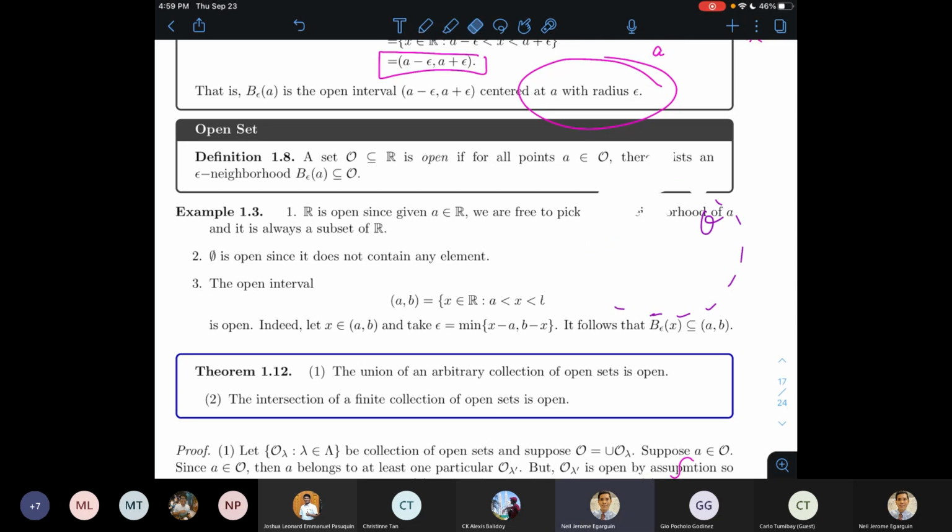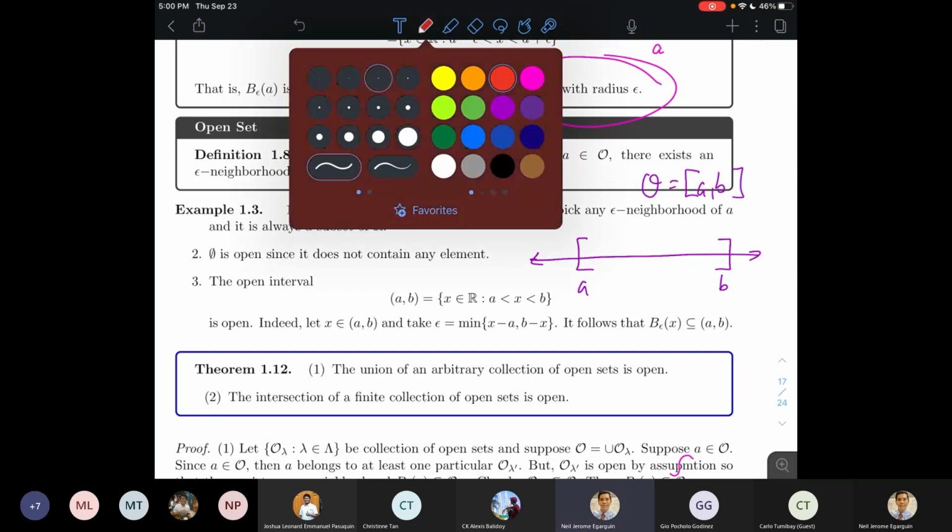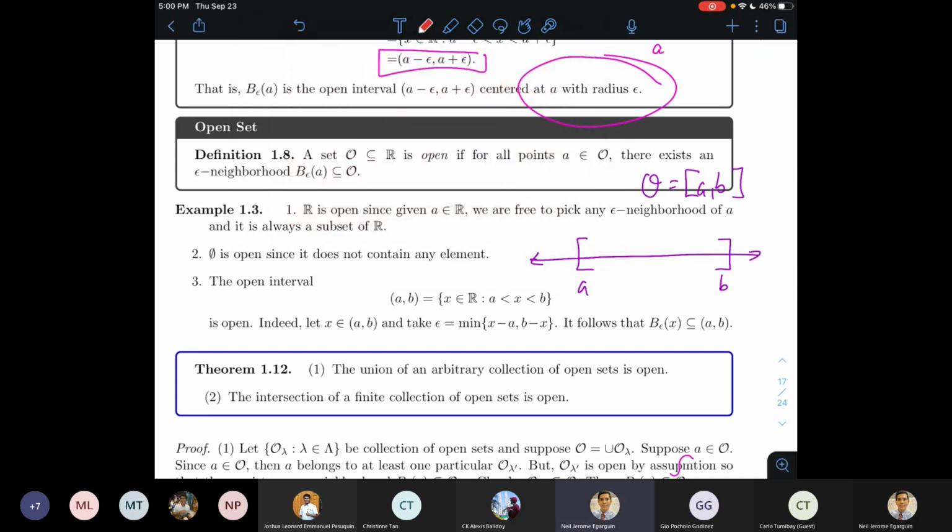This is in contrast when I have a closed interval. Meron akong closed interval AB, and I say my set O is the closed interval AB. Siguro alam niyo na kung bakit closed interval kasi nga hindi siya open, though hindi rin nagpa-follow na ganon.